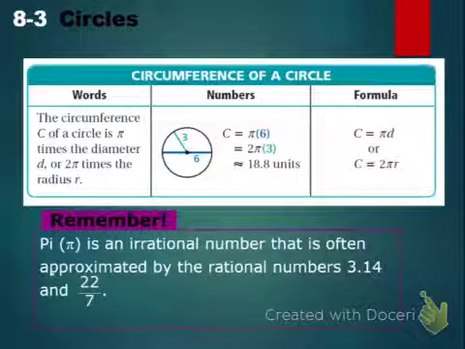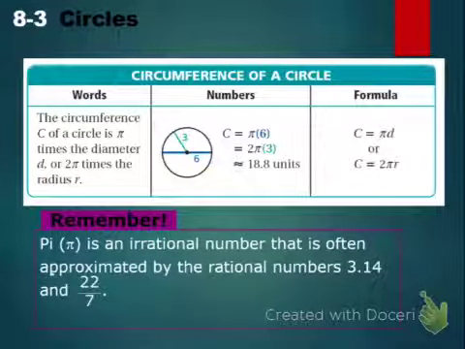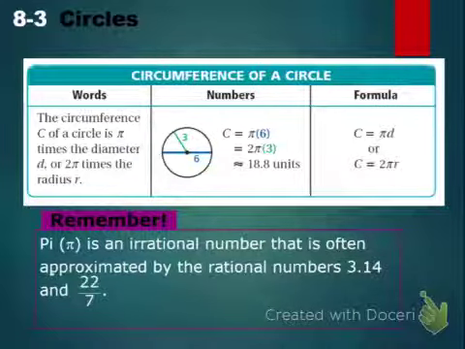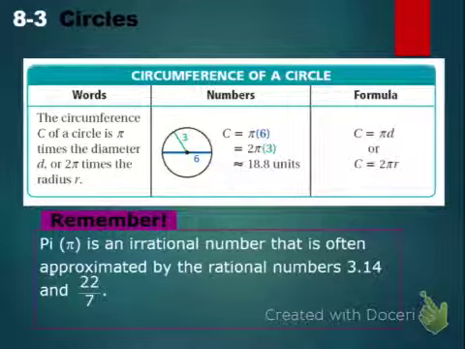People like to approximate it to 3.14. For today's lesson and for what we're doing in our class, we're going to actually use the pi button on our calculator. So make sure that when you're calculating, you're always using that calculator and not just using 3.14. Your answers might be off a little bit if you do.